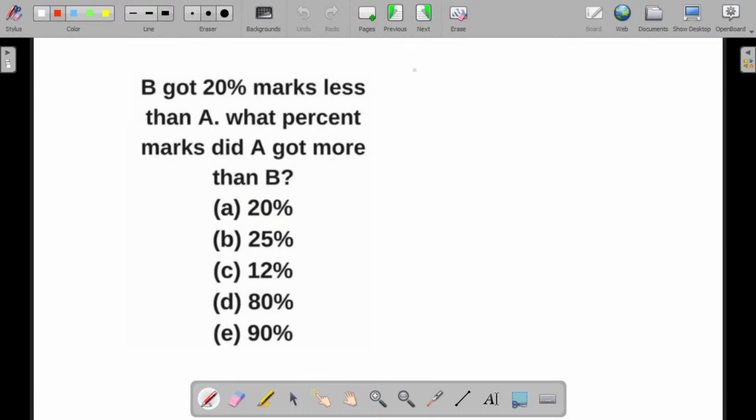Next. Yes, next, please solve it. B got 20 percent marks less than A. Previously it was more, now it is less. What percentage marks did A get more than B?